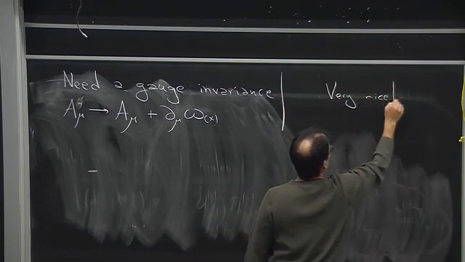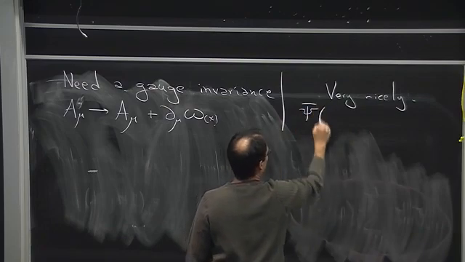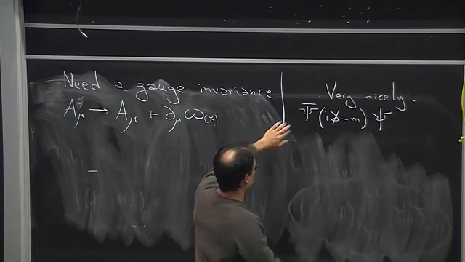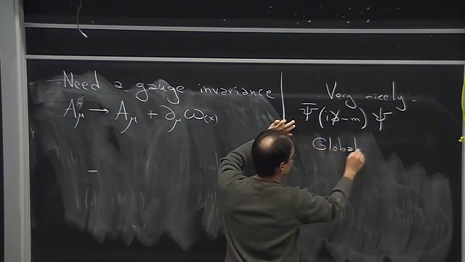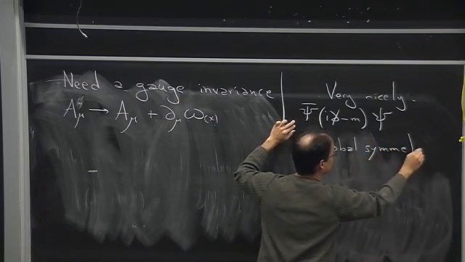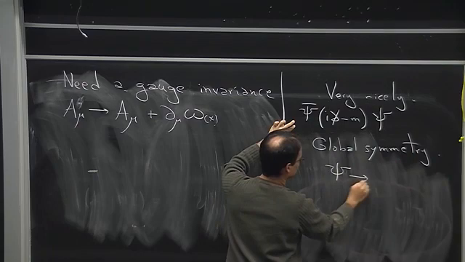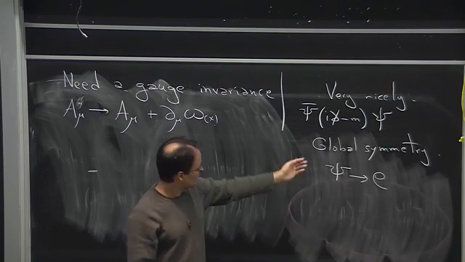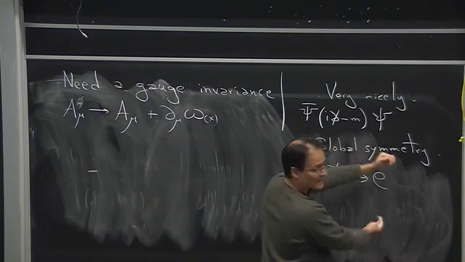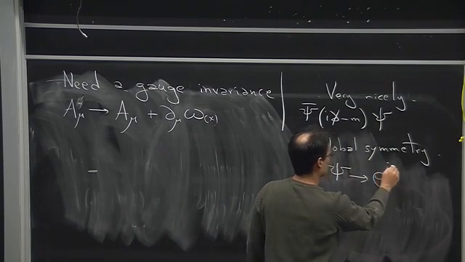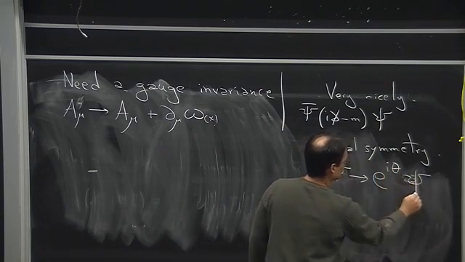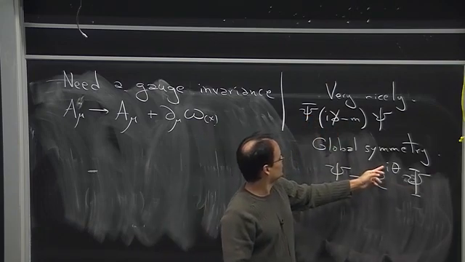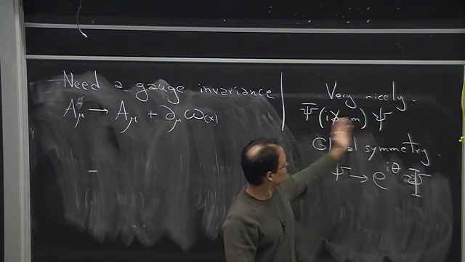Very nicely, we didn't say yesterday, but our Dirac theory has a global symmetry, given by sending our field, each one of the 4 components, okay? All 4 components have to be rescaled by the same factor. Now, if you do that, obviously, this is invariant because this picks up a phase with the opposite sign, which cancels the one we get from here, so this is invariant.